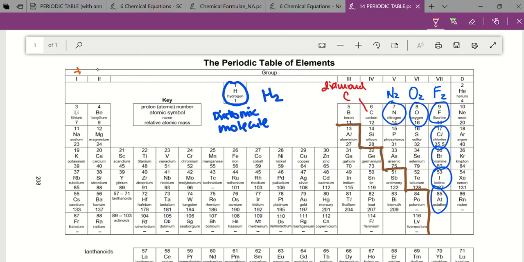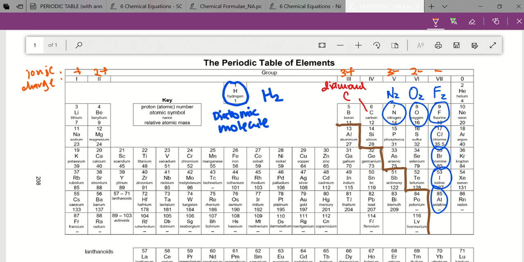For ions in group 2, they will have a charge of 2 plus. Ions in group 3, 3 plus. Ions in group 5, this will be 3 minus, 2 minus, and minus. Okay, so this is for ionic charge.